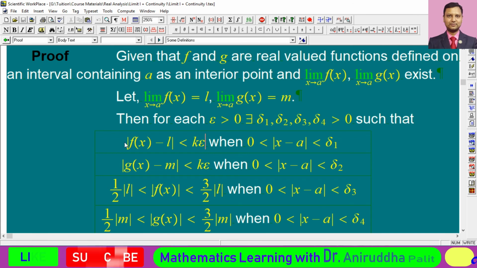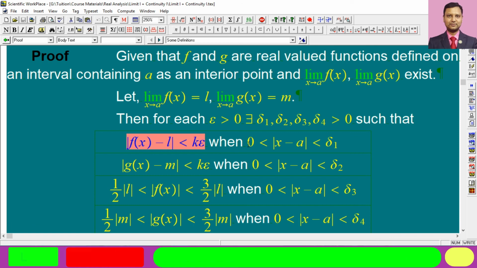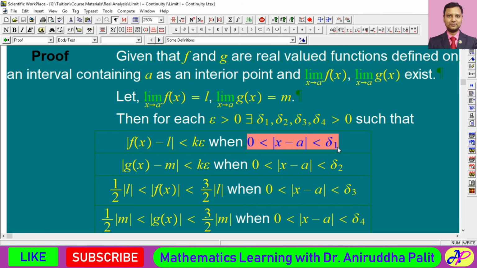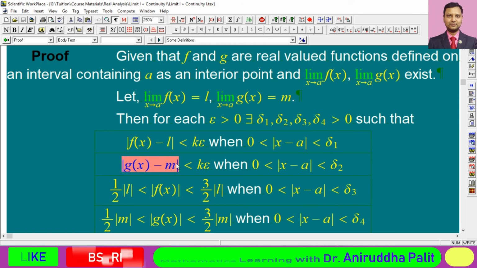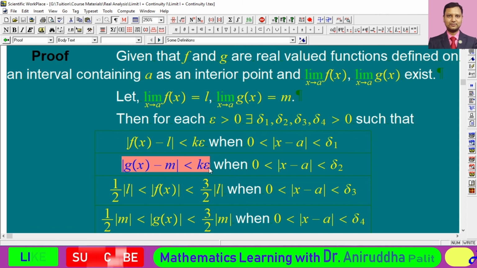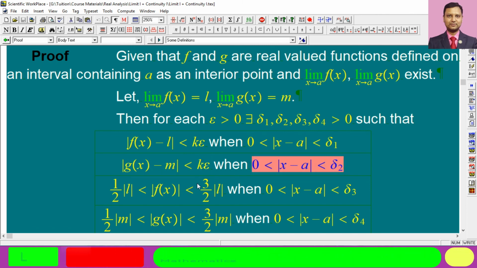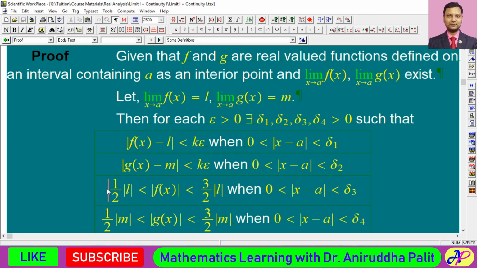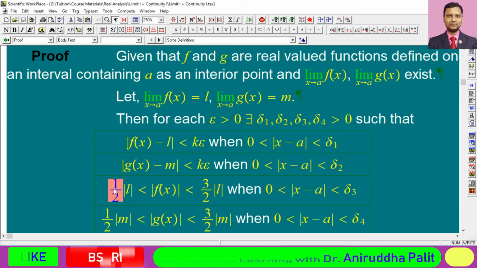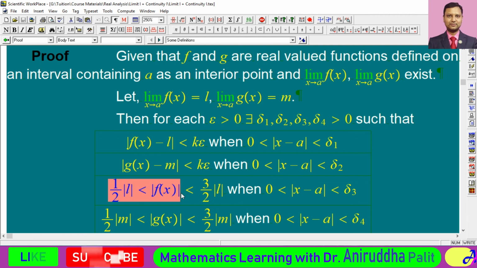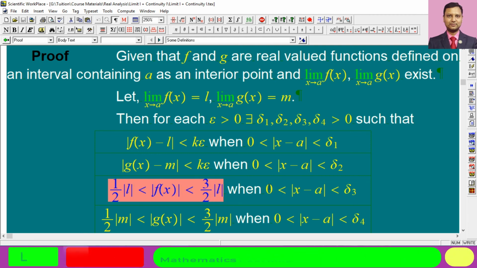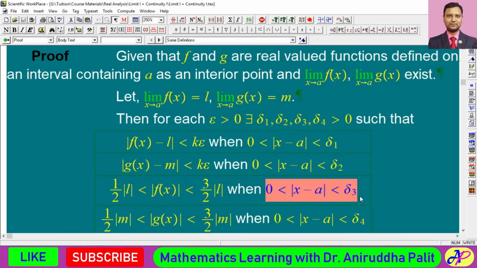Anyway, so let's continue. Over here modulus of f(x) minus L is less than epsilon into k when 0 less than modulus of x minus a less than delta 1. Modulus of g(x) minus M is less than k into epsilon when 0 less than modulus of x minus a less than delta 2. And we've already proved previously the result that modulus of L by 2 is less than modulus of f(x) less than 3 by 2 modulus of L when 0 less than modulus of x minus a less than delta 3.